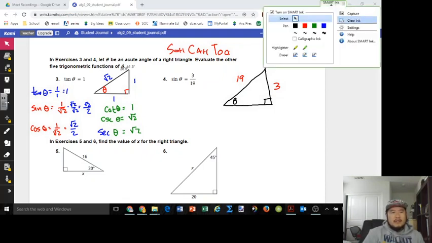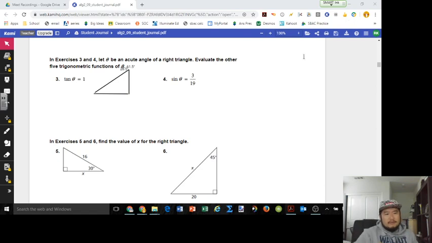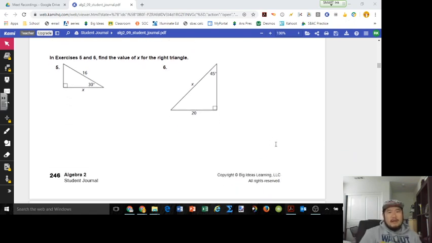All right, let's take a look next up at number 5. So to find the value of x for the right triangle, once again, we're taking a look at this triangle, and one of the things that you need to begin to pick up is the fact that this is one of our special right triangles. This is a 30, 60, 90 right triangle.